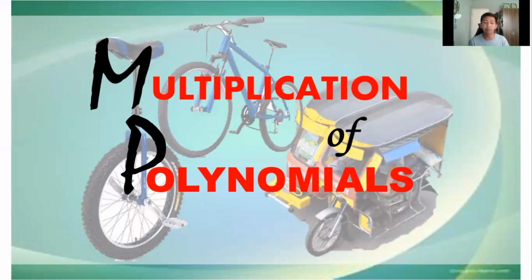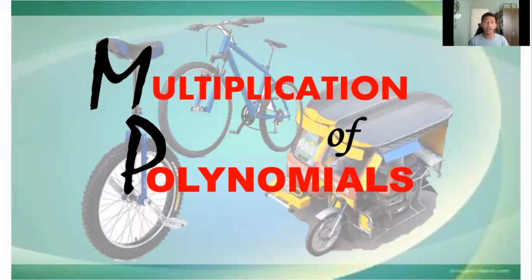The leading term contains the degree of the polynomial, while the leading coefficient is the numerical coefficient of the leading term. A polynomial is already written in standard form if the degrees of the terms are arranged in descending order and the leading coefficient is positive.